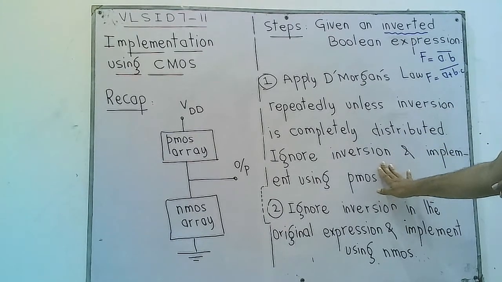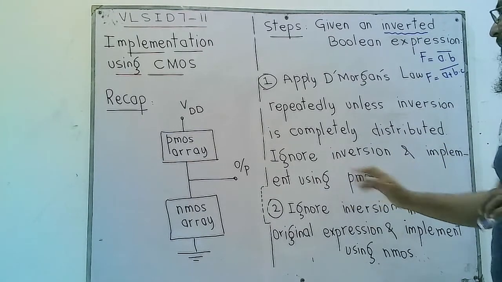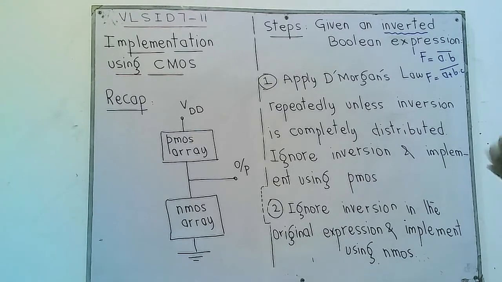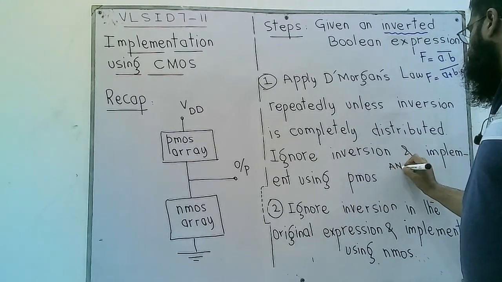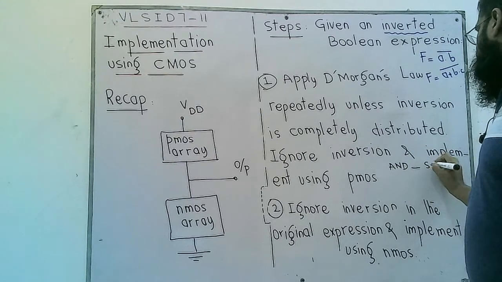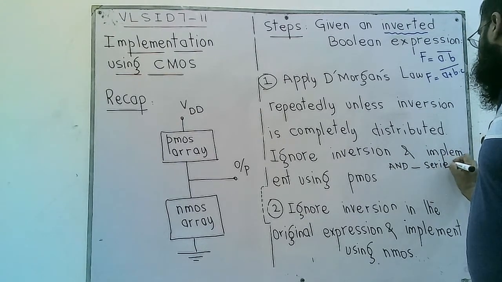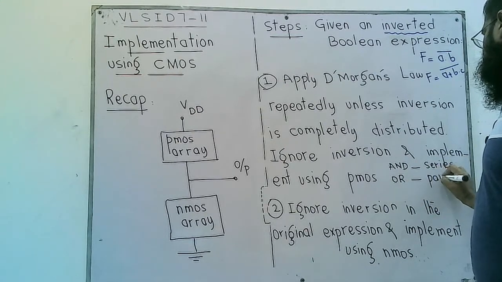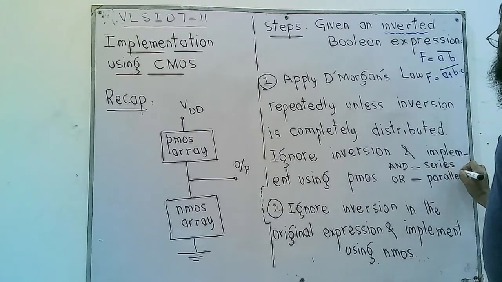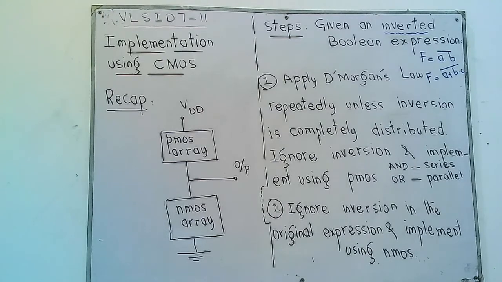We'll then ignore inversion and implement using PMOS. An AND operation will result in series connected transistors, and an OR operation will result in parallel connected transistors.